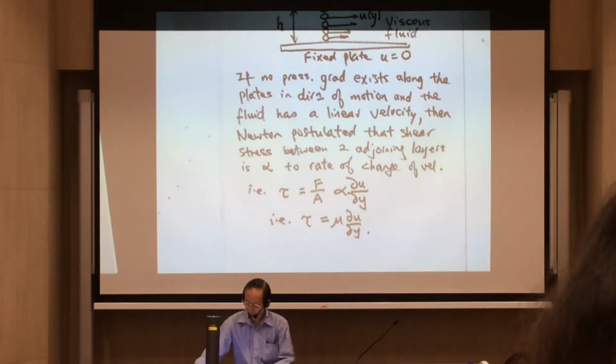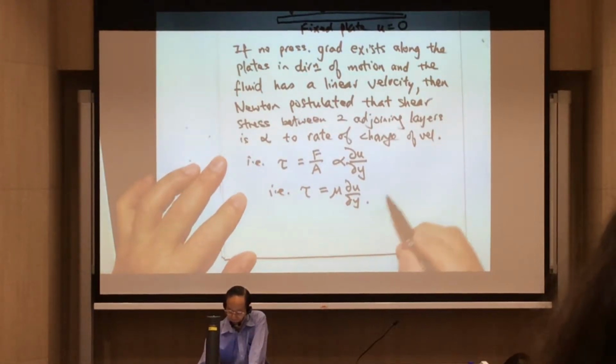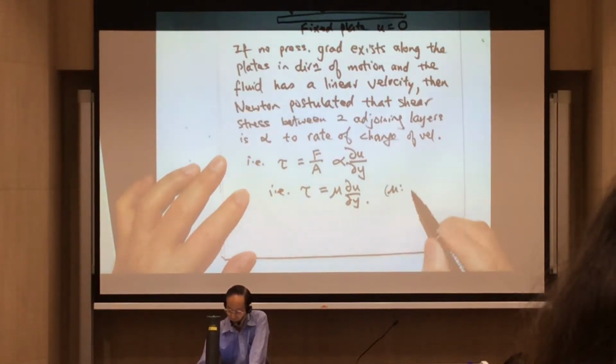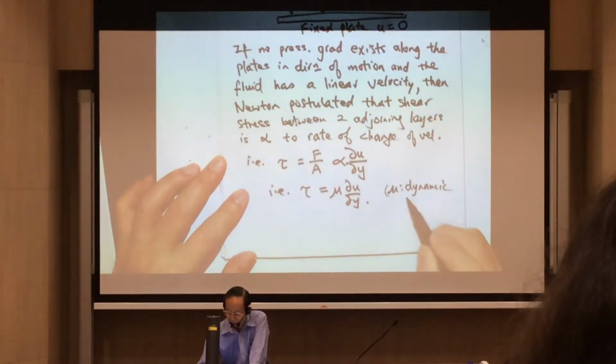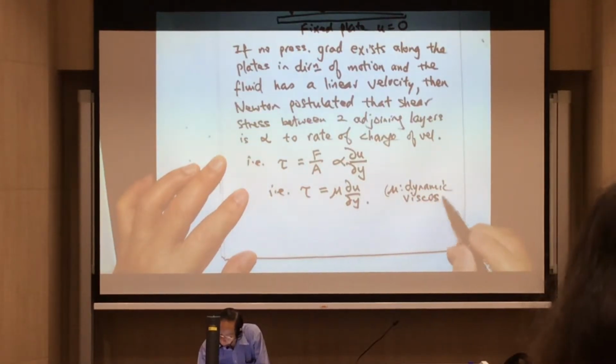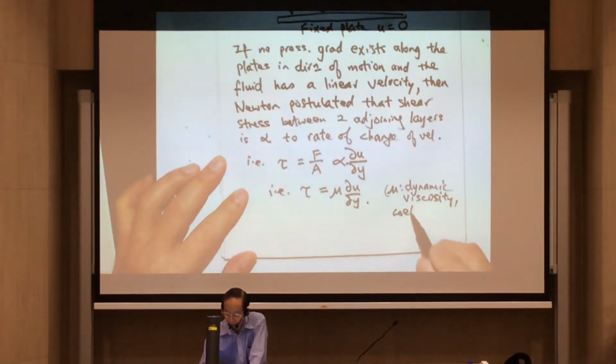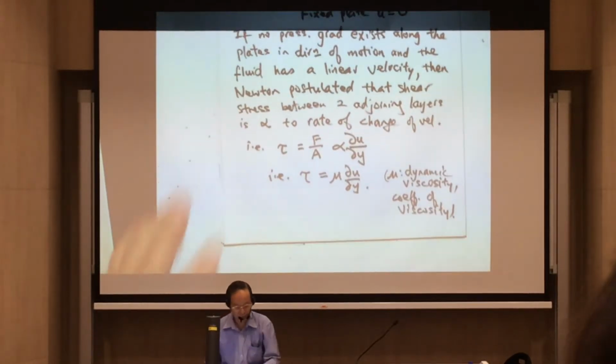Right? Then we have to explain what mu is. Mu is dynamic viscosity. Sometimes it's called the coefficient of viscosity.